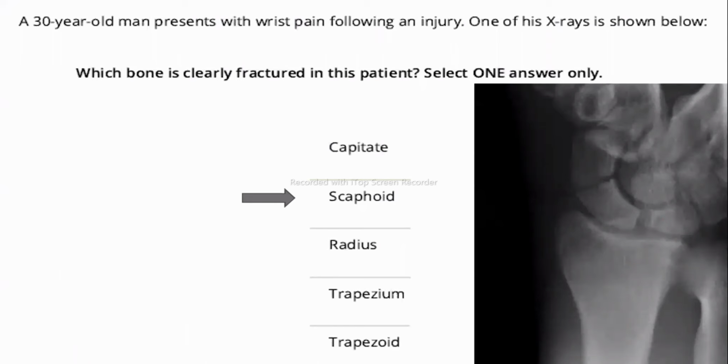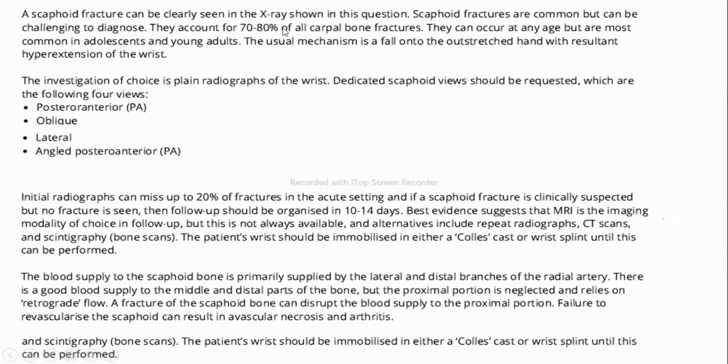So the patient has a mechanism of injury: fall onto an outstretched hand. From the history, you ask the patient what happened, and he will say, I fell on an outstretched hand, with hyperextension of the wrist. So suspected what? Scaphoid fracture.